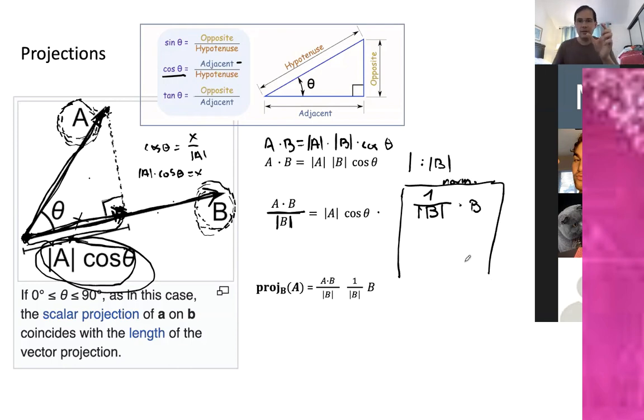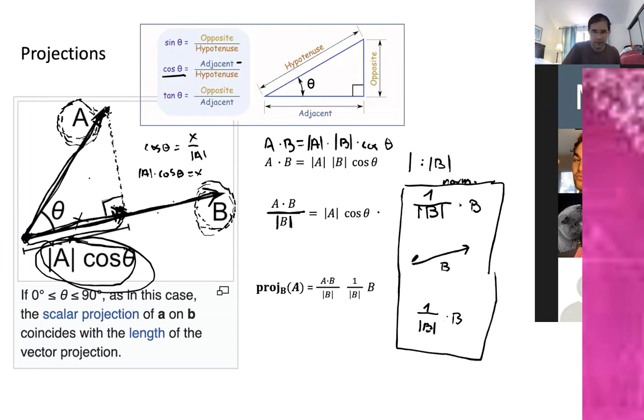And what it means is very simple. If the vector b was given, maybe the length of this vector is 17. Then this new vector, 1 divided by the length of b times the vector b itself, is exactly this vector from this point up to that one, but it has length 1.